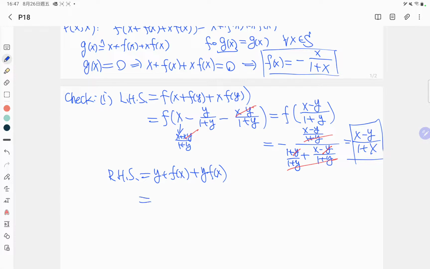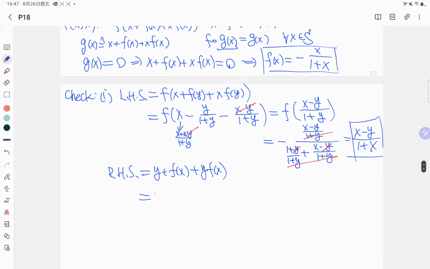Let's plug in the solution: y minus x over 1 plus x, minus xy over 1 plus x. So this will be y plus xy all over 1 plus x. We can also do some cancellation; this one can cancel with this one.